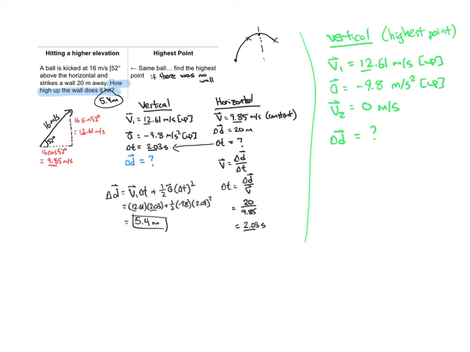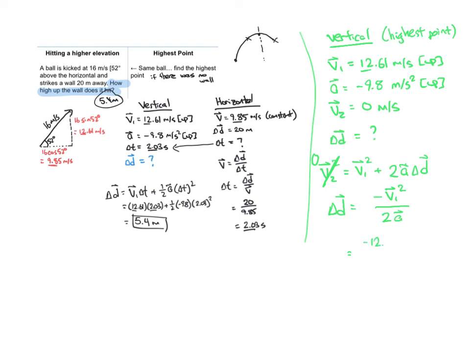So this will be a different one of the big 5 formulas. It's going to be the last one. With V2 being 0, and then isolating for displacement. So that would be subtracting V1 squared on both sides, and then dividing by 2 and dividing by acceleration.